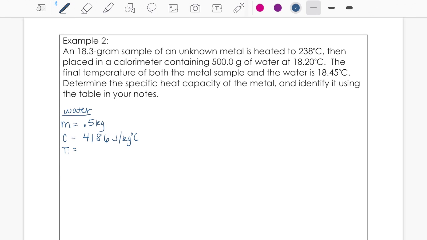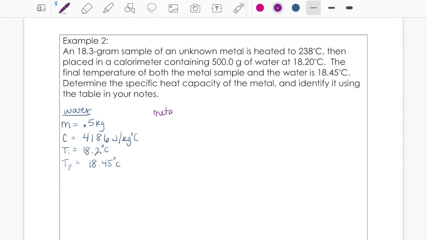And then the initial temperature it gave us was 18.2 degrees Celsius, and the final temperature is 18.45 degrees Celsius. So those are all the variables for water.